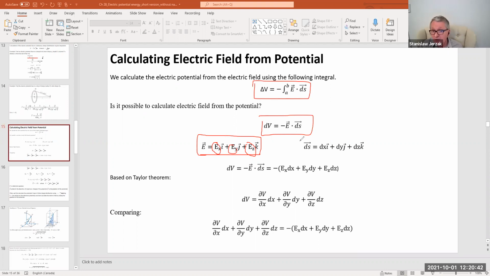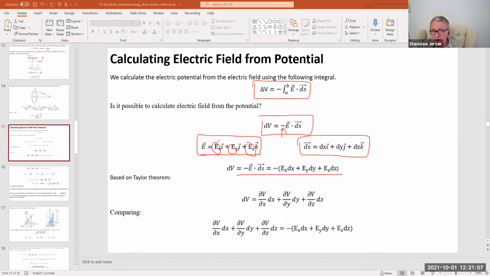And then the differential displacement ds can be written also in component form as dx i plus dy j plus dz k. Right? So that was explained actually on Wednesday as well. So then the dot product E dot ds, including that negative sign, remember the negative sign is important, can be written all like this.